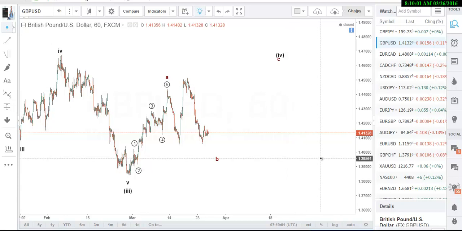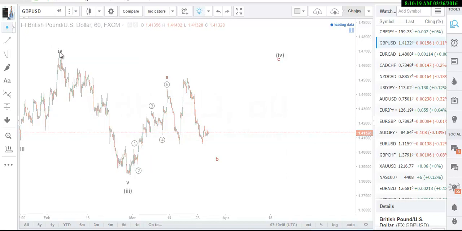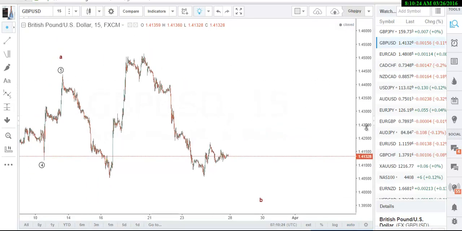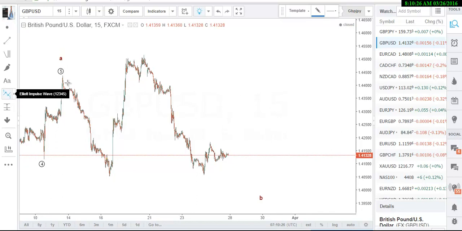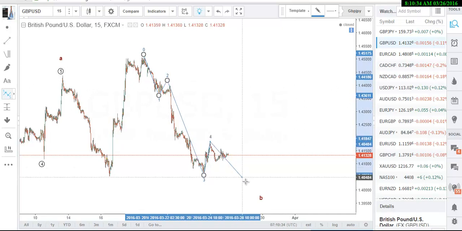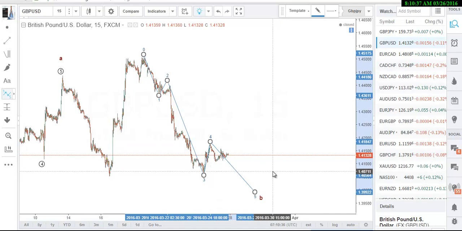before it starts moving down. Now what we're going to do is look at the B leg of this flat and see if it's going to give us a good five-wave impulse structure. We can check that from the 15-minute chart. From the 15-minute chart here, we could label this as wave 1, wave 2, wave 3, and then wave 4, and then we could be expecting a fifth wave move around here.